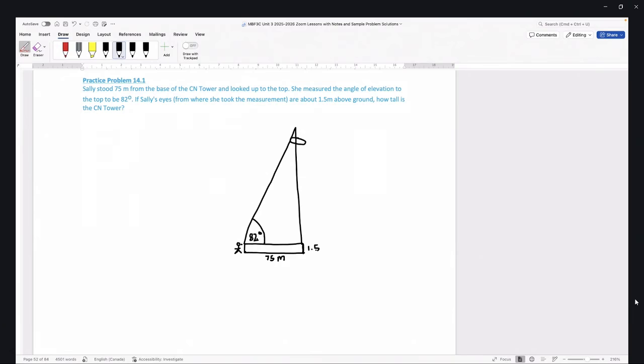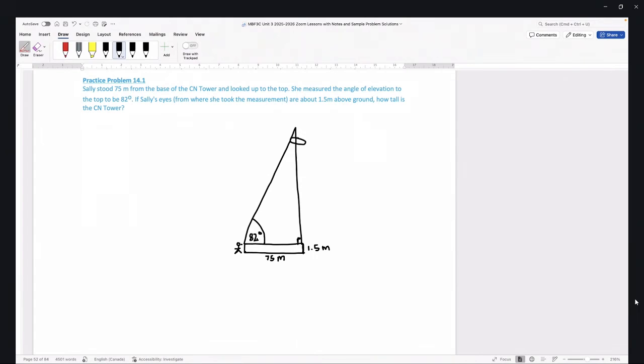Okay. So notice, now, the CN Tower is perpendicular to the ground, and it has to be, because when you build a tall structure, if it's not vertical and it's tilted, eventually gravity will pull it down and it will fall over.